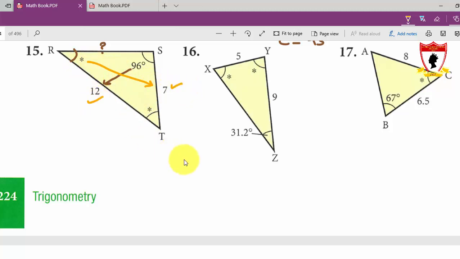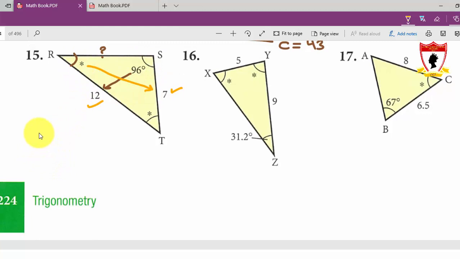So we're going to use these two sides with their opposite angles sine. What's missing is angle, so the sine should go to the top. Then sine of R over its opposite is 7 is equal to sine of 96 over 12. Okay, to find sine of R, 7 should be multiplied by sine of 96 and the result divide by 12.